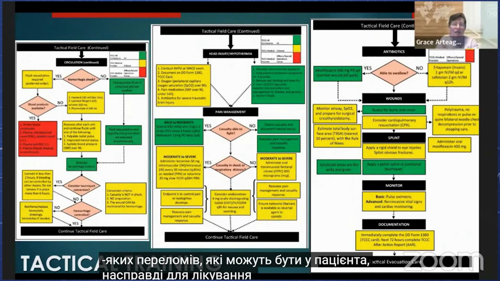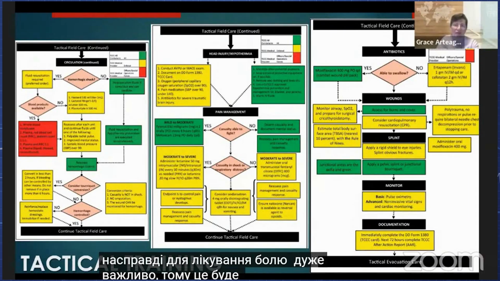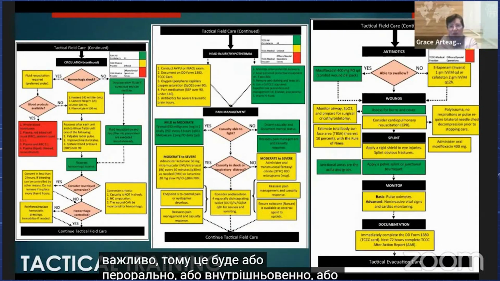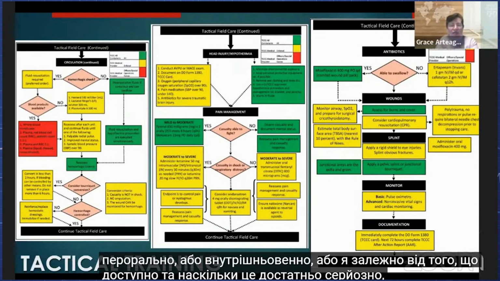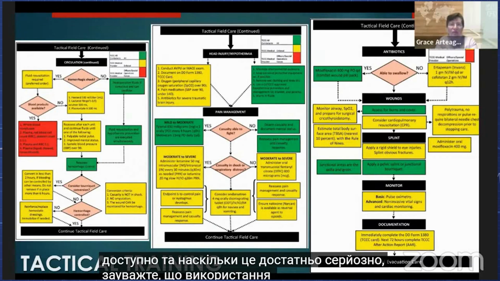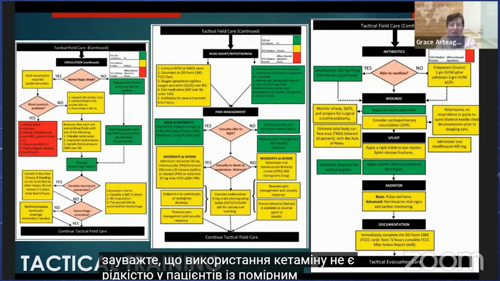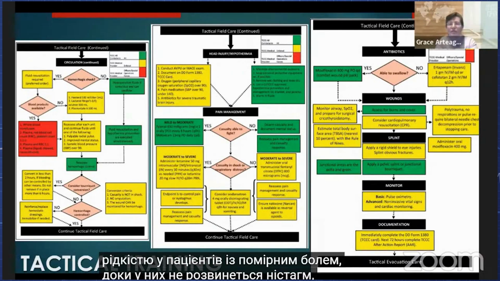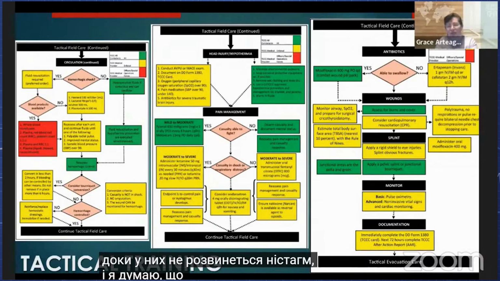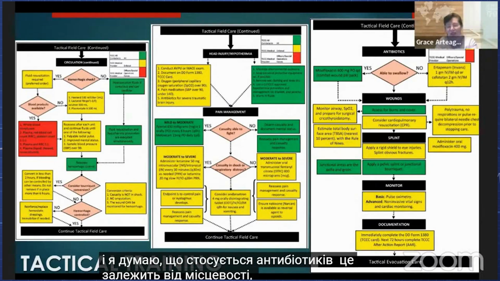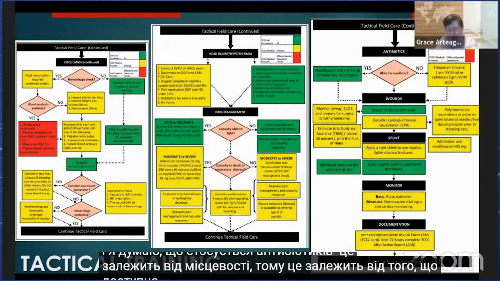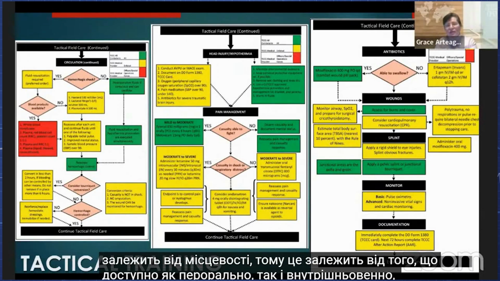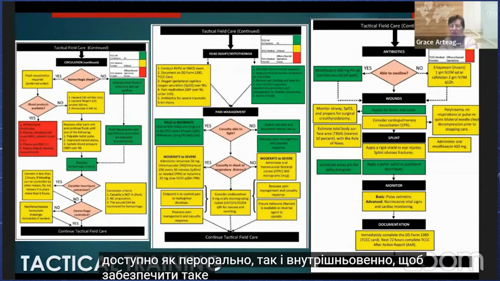And the pain management is actually quite important. So it's going to be either oral or IV or IM, depending on what is available and how severe it is. And of note, the use of ketamine is not uncommon in patients with moderate pain until they develop nystagmus. And as far as antibiotics, I think that's locally related. So it depends on what is available, both orally or intravenous, to provide that kind of treatment to your patients.